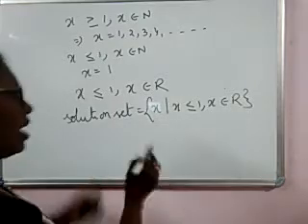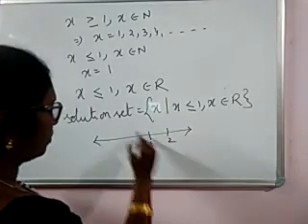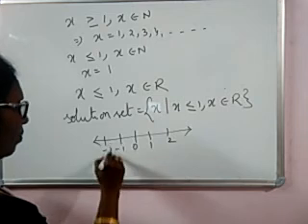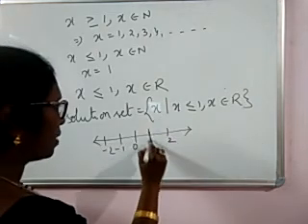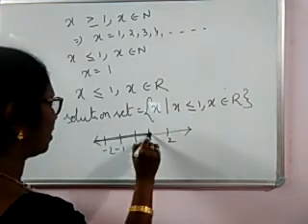If I show it on the number line, from 1 going left, every point on the number line is a real number.